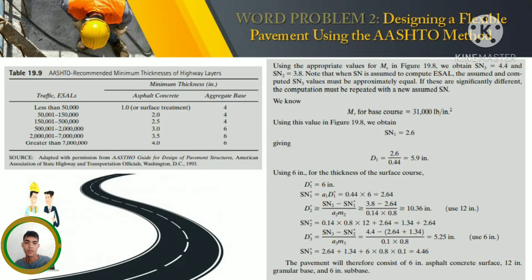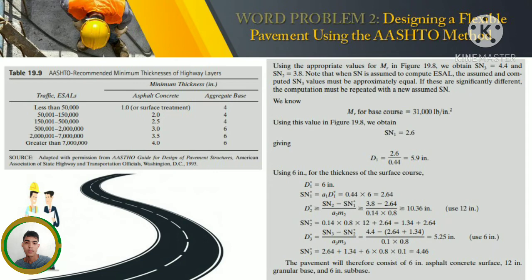The SN sub 1 is equal to a sub 1 D sub 1. So we just substitute the values: a sub 1 is equal to 0.44 times D sub 1, 6 inches. We will obtain 2.64.